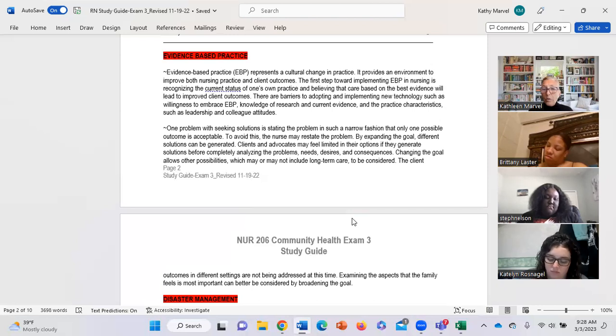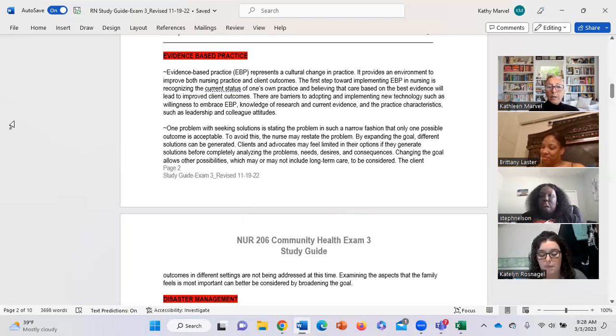I mean, it certainly represents a cultural change in practice. Does anybody work with anybody that says, no, you know what, we'll just do it the same way we've always been doing it, and it works? Does anybody work with somebody like that? A lot of nurses like that right now. Yeah, it's a cultural shift of bringing the best information forward to improve the care.